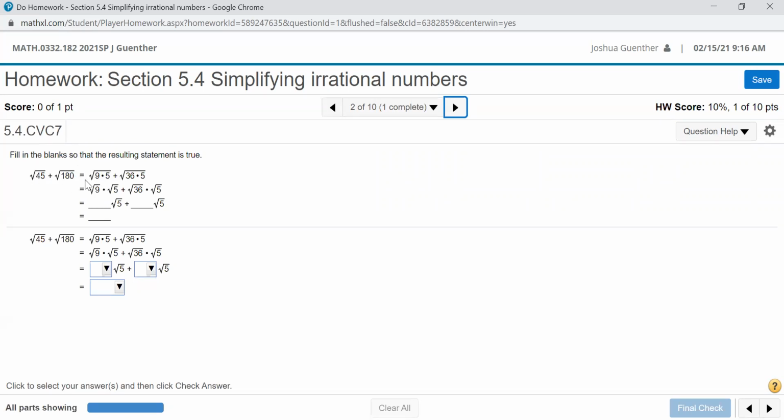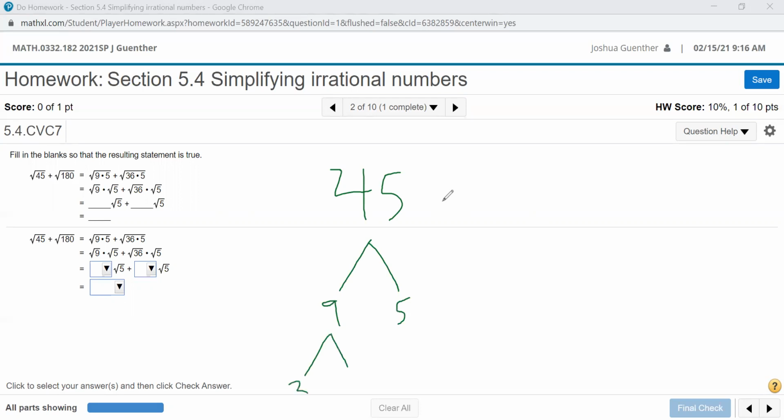So square root of 45 is the square root of 9 times 5. Don't believe me? Well, let's look at 45. We know that's 9 times 5. We know then that 9 is 3 times 3. And so the square root of 45, there's a couple ways you can do it. They're doing it one way.